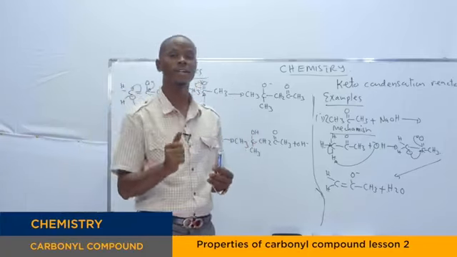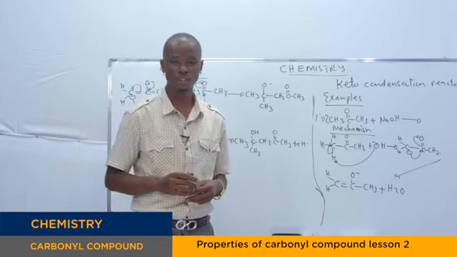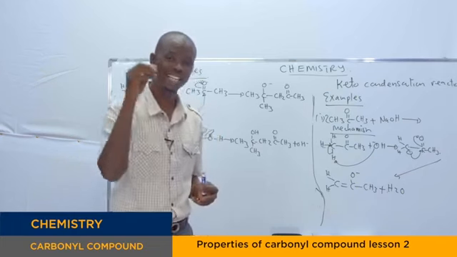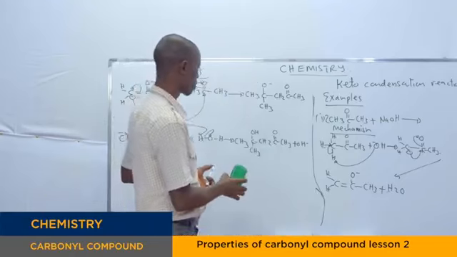Now, there are other carbonyl compounds which do not contain alpha hydrogen atoms. They have also another reaction which is called the Cannizzaro reaction. So let us see the second reaction, which is the Cannizzaro reaction.